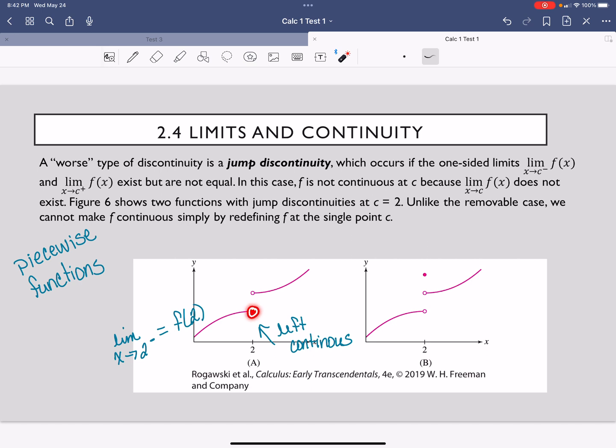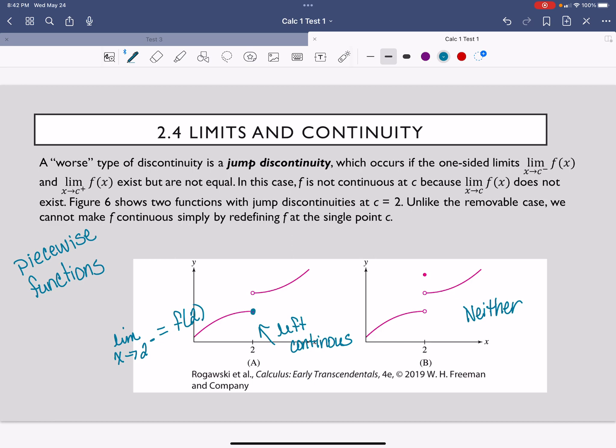This would have to be an open circle, and this would have to be filled in. So that's how you determine left continuous and right continuous. In this picture right here, it's neither. We don't have left or right continuity here.